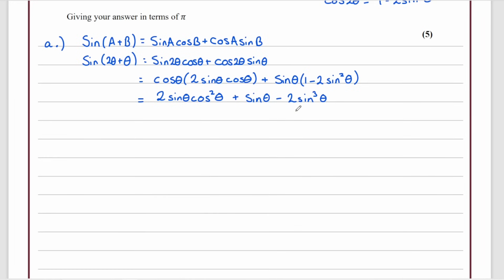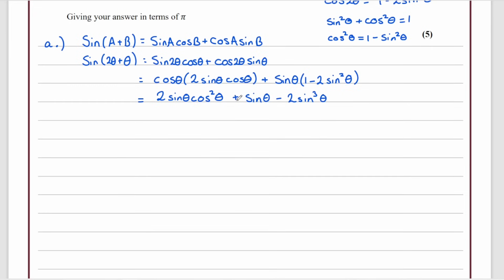Okay. Now the next issue here is this cos squared theta. However, we know that sine squared theta plus cos squared theta is equal to 1. And what we can do then is rearrange this and make cos squared theta the subject. In that case then, cos squared theta is equal to 1 minus sine squared theta. Okay.